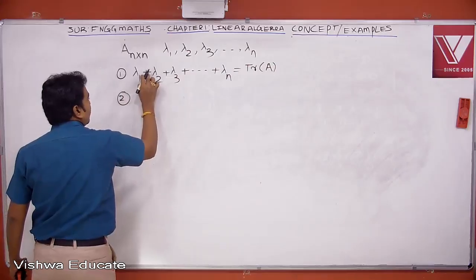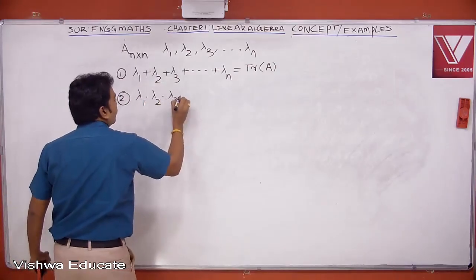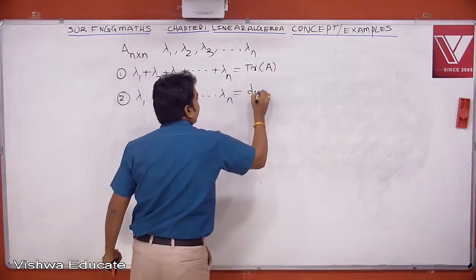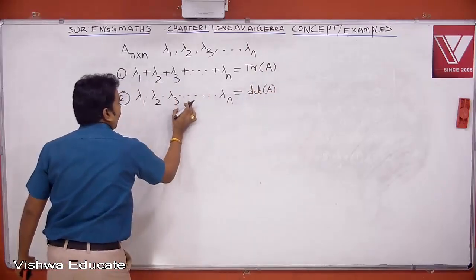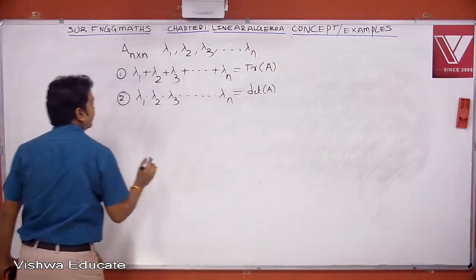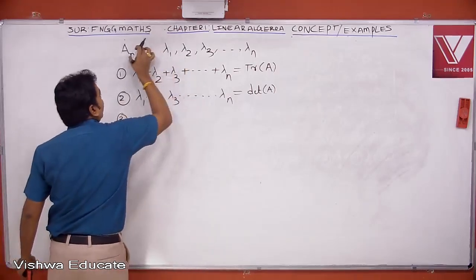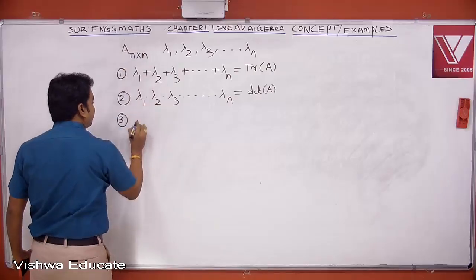Now replace plus by dot. So lambda 1 into lambda 2 into lambda 3 and so on into lambda n equal to det A. So sum of eigenvalues equal to trace, product of eigenvalues equal to det A. Now these are eigenvalues of A. Now I want eigenvalues of A power k.